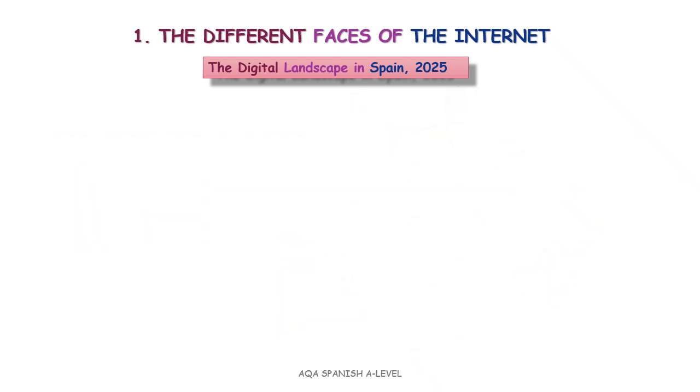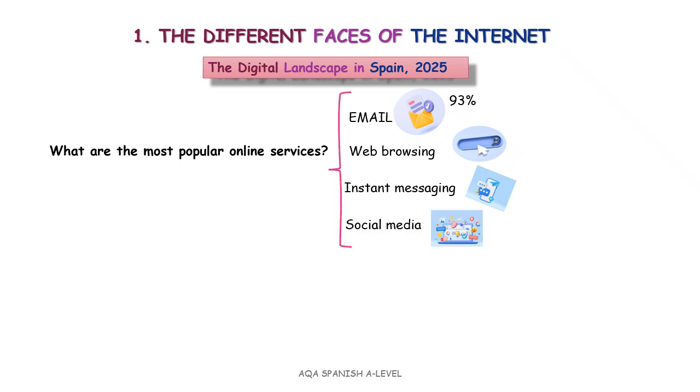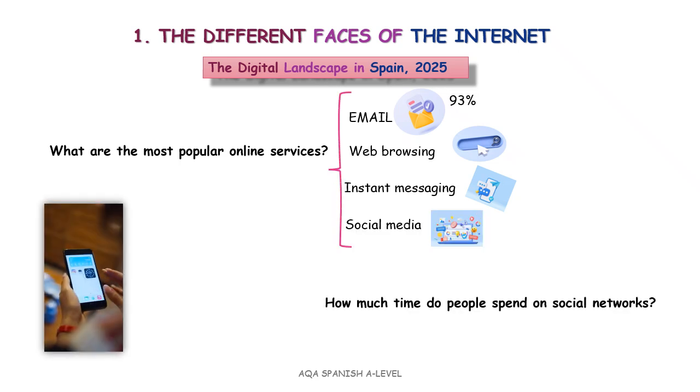What are the most popular online services? Okay, email tops the list, used by nearly 93% of people, followed closely by web browsing, instant messaging, and social media. And how much time do people spend on social networks? A fair bit.